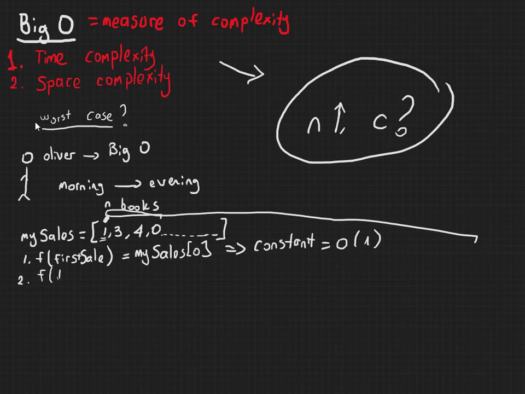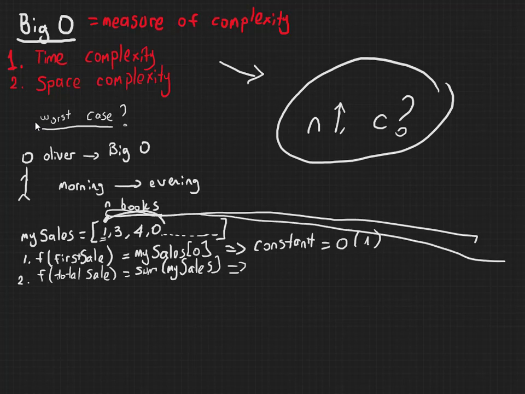So the second one, he wants to know the total number of sales. So the function will be total sale. So how do we come up with it? We are writing a sum function. Sum will be my sales. And now let's think. If number 1, it's a small array, just 4 elements. Number 2, it's a huge array.